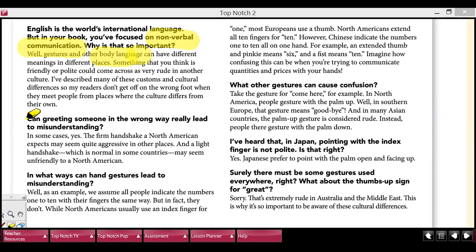Rachel, continue. Yes, the firm handshake in North America may seem quite aggressive in other places.